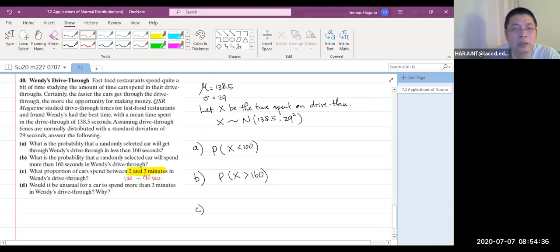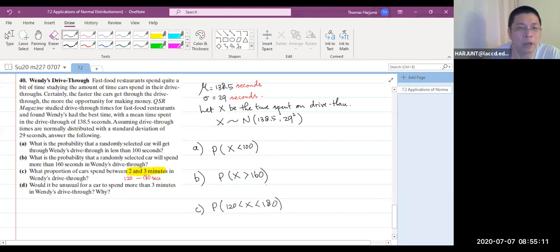Because the units being used above, for example 138.5, are in seconds, so I need to change the unit to seconds also. So probability that X will be between 120 and 180.